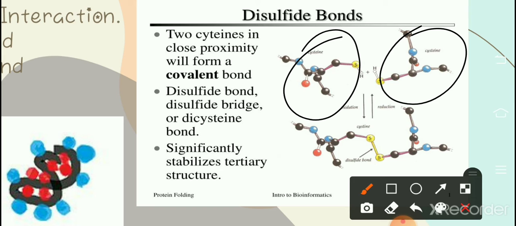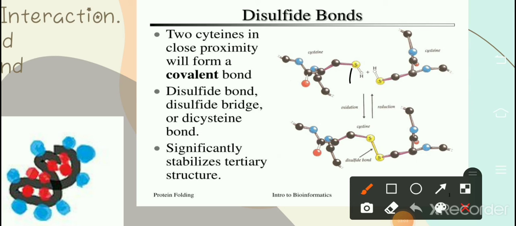So basically, when the oxidation reaction takes place, we take away this H atom and this H atom. So we take away two electrons, and we form the single covalent bond between the sulfurs. And this is a disulfide bond or the disulfide bridge.